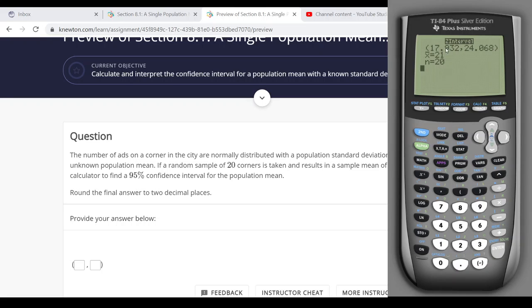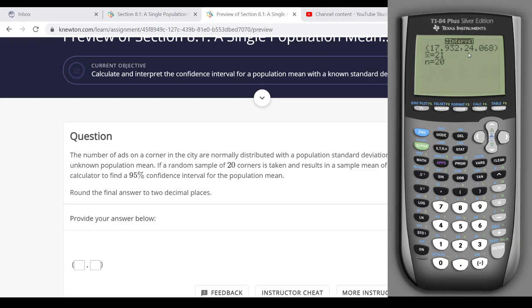Right up top, there's the confidence interval, the 95% confidence interval estimate for the mean number of ads on a corner in the city, the mu. So we'd say I'm 95% confident that the average number of ads on all the corners of this city, right, the population, are between 17.93 and 24.07.